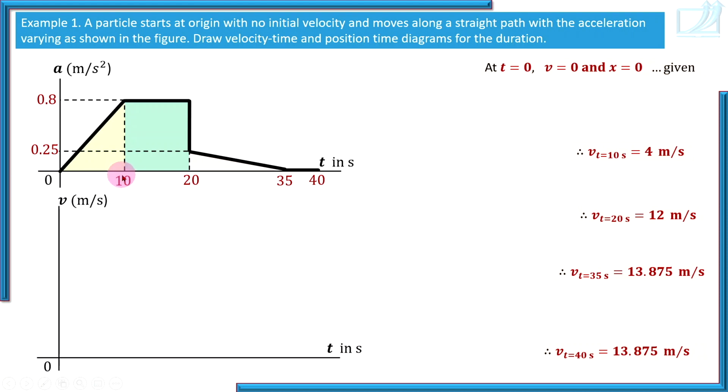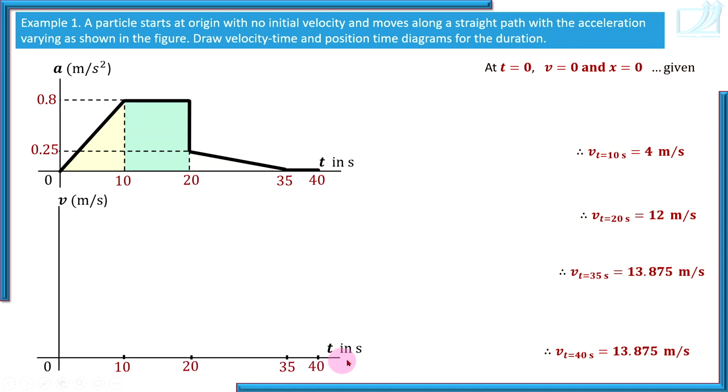Check here, 0 to 10 must be the same as 10 to 20 because this base is 10, this base is 10. And 20 to 35, this base is 15. So it must be greater than 10. So when you mark these points, take care of proportions. So mark all these points or instants 10, 20, 35 and 40 along the x-axis in the VT graph also.